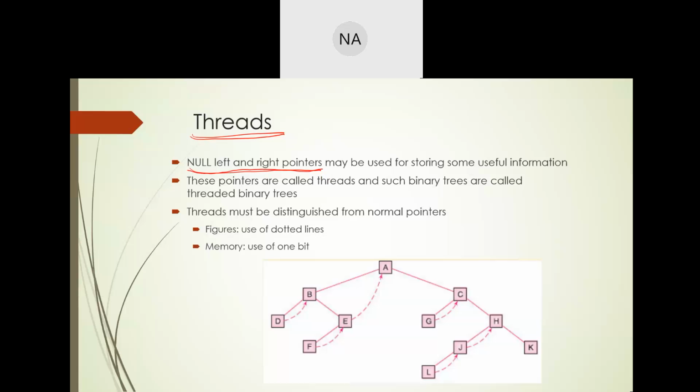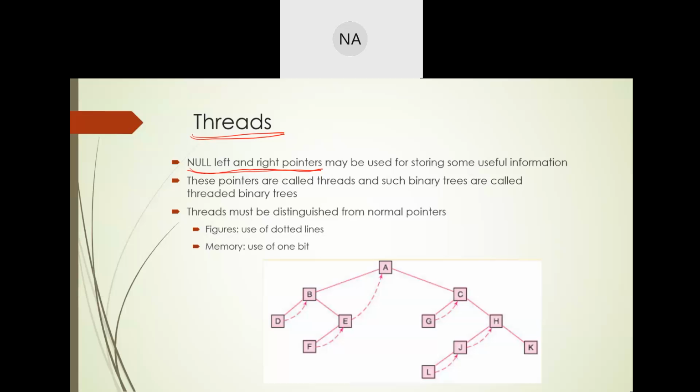If the left subtree or the right subtree for some nodes is empty, then instead of storing just the null pointers in those left and right positions, we can store some extra useful information. Those values are themselves pointers.